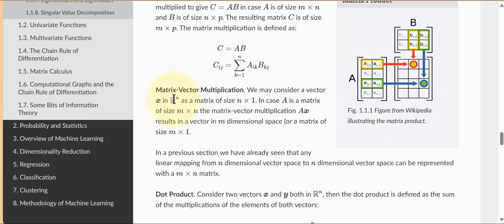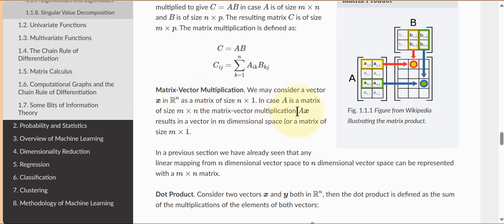Okay, the next thing they talk about is matrix vector multiplication. Well, we already defined matrix, so if we want to multiply a matrix times a vector, we can think of that vector as a matrix, and then we can do this matrix multiplication. They say we may consider a vector x in Rn as a matrix of size n by 1.